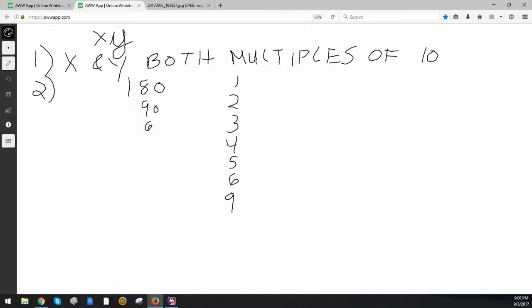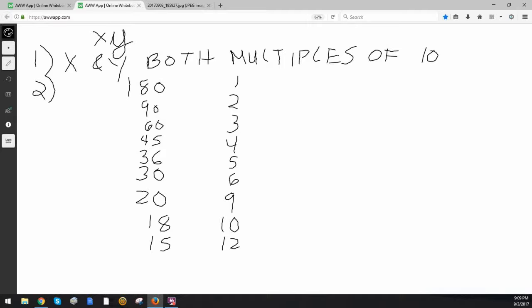Here we have 60. Here we have 45. Here we have 36. Here we have 30. Here we have 20. And then we have 10 times 18. And then we have 12 times 15. And I think that's where it ends. 13, 14, no. So those are all the factors of 180.